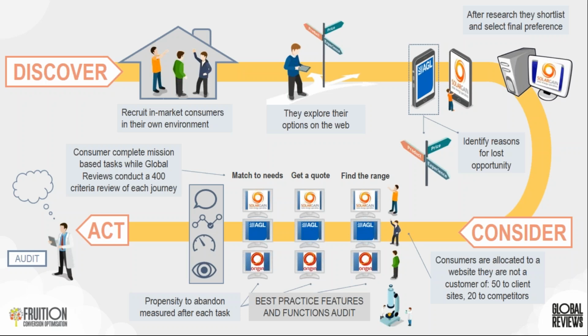So when we identify the reasons for this lost opportunity, going onto the website helps us correlate those lost opportunity reasons with what's going on in terms of the experience. We also measure the propensity to abandon after each task. So if they experience issues, what would they do next?